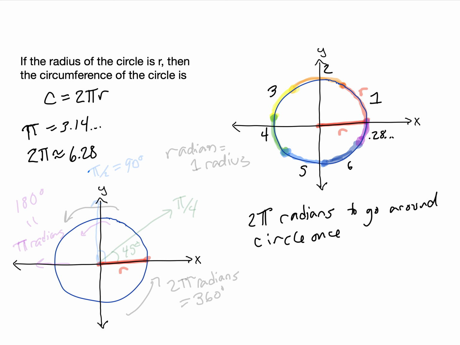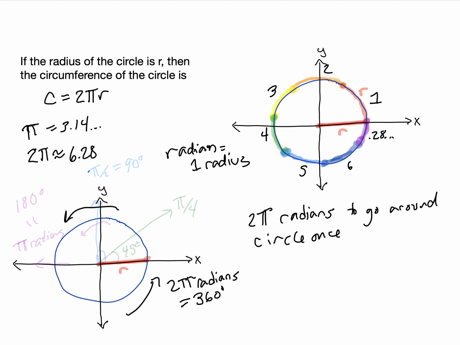Remember that a radian is just one radius of the circle; that is the unit of measurement. So going all the way around the circle once takes 2 pi radians, which we also know is 360 degrees.